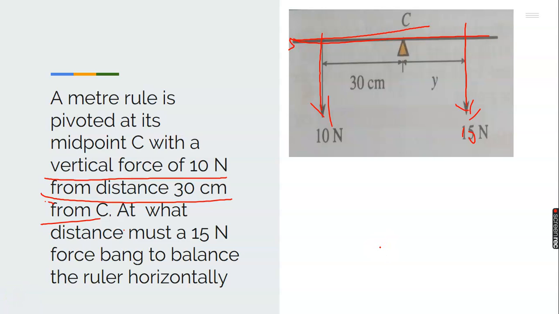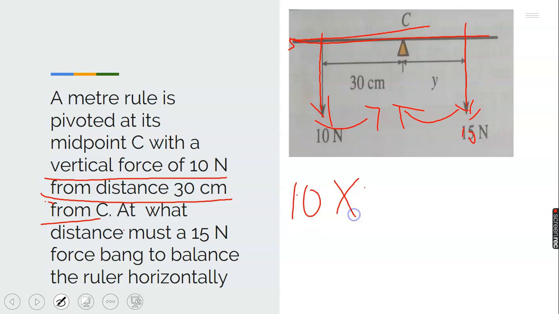Now, we can use our condition to calculate for that. This one is anti-clockwise, while this is our clockwise. We know that the sum of clockwise moments equals the sum of anti-clockwise moments. Now, 10 times 30 equals 15 times y.